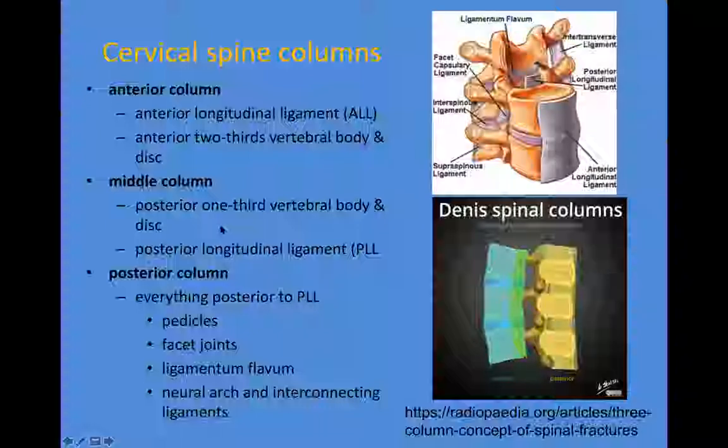So radiologists like to talk about this concept of the cervical spinal columns. And in order to understand that, I've put this anatomic drawing here on the top right. So this anterior longitudinal ligament is analogous to what we were looking at before that parallels our anterior vertebral line. And then you have the posterior longitudinal ligament where we were looking at the posterior vertebral line.